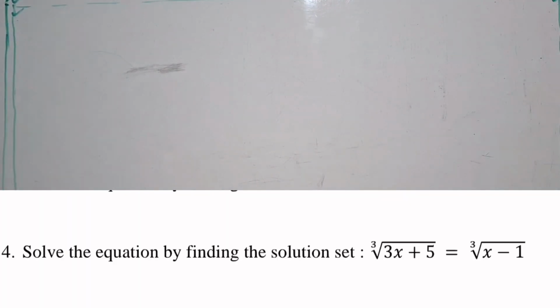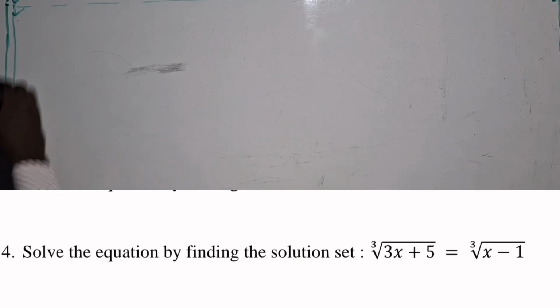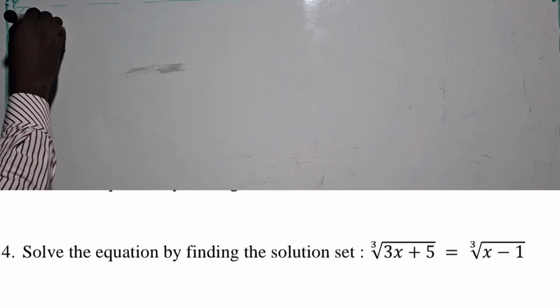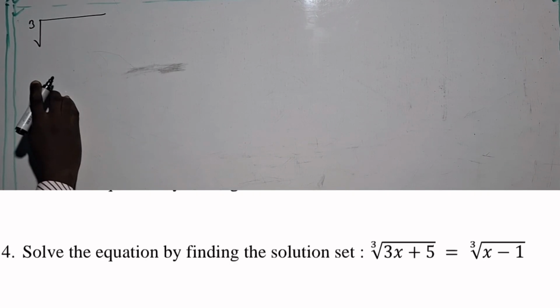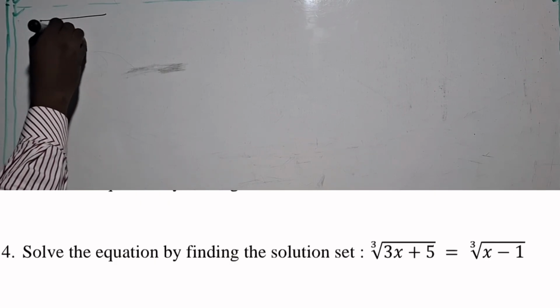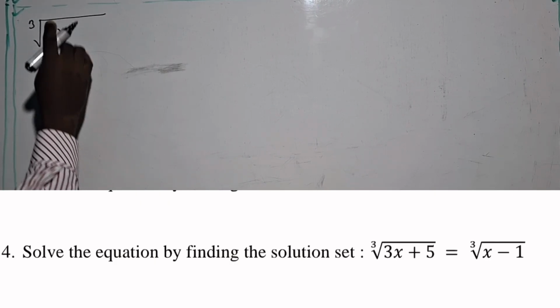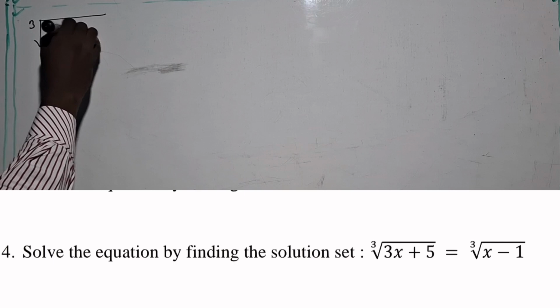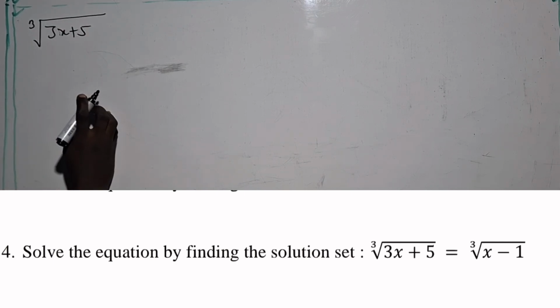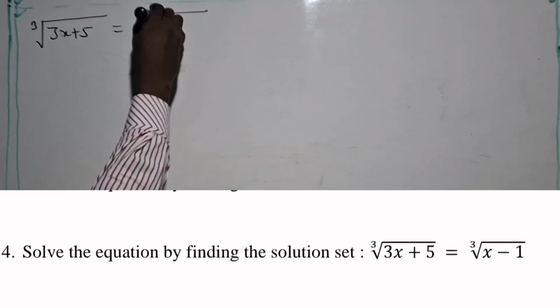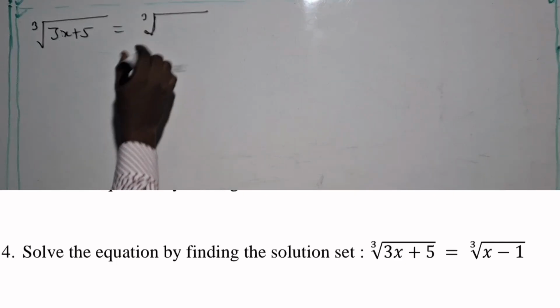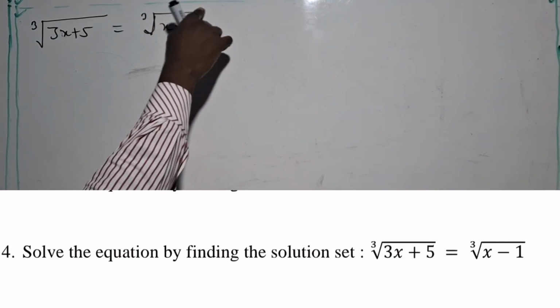So question 4 says, solve the equation by finding the solution set. Yes, the solution set. We have the cube root of 3x plus 5, which is equal to the cube root of x minus 1.